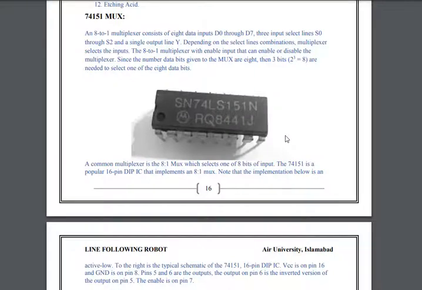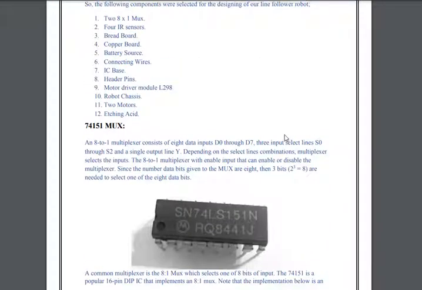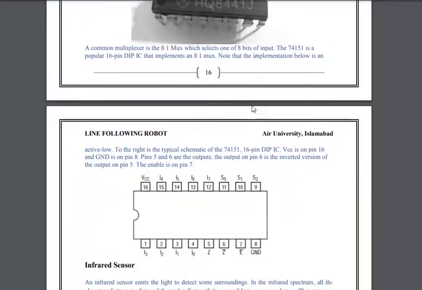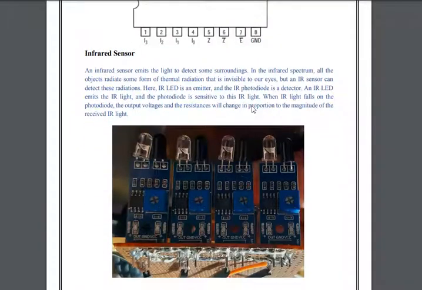This is the 74151, which is an 8x1 mux. It has 8 inputs and 1 output, which is the characteristic of a multiplexer. These are the IR sensors. You can see that there are 2 LEDs on each sensor. There's a trimmer capacitor, which is basically a potentiometer, and it has 3 pins.